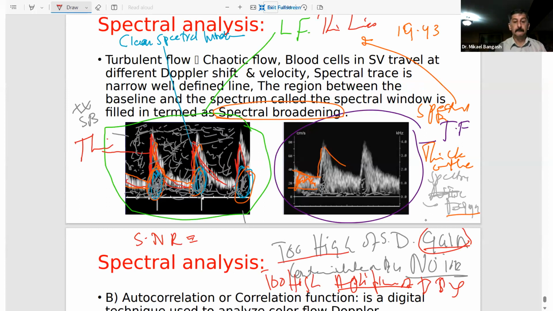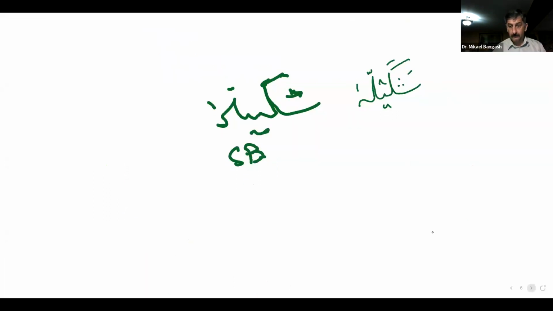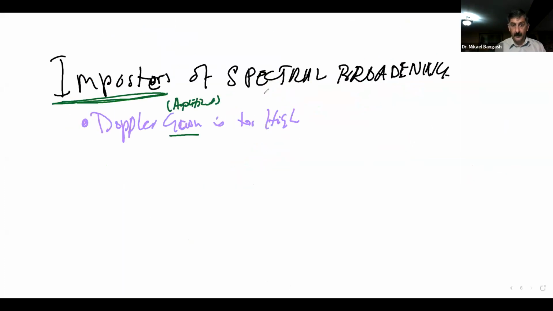Did that make sense? So that may be an imposter of your spectral Doppler, which may give you an impression that you have a turbulent flow. Another imposter is going to be poor Doppler angle.